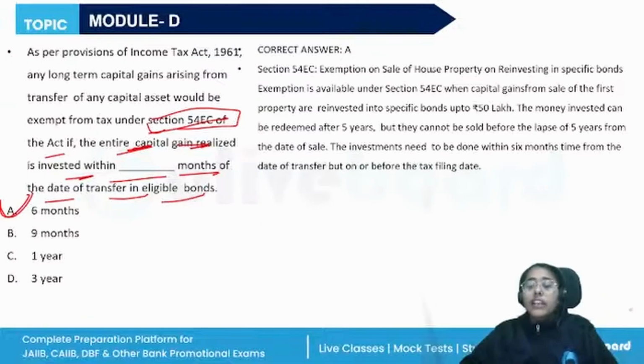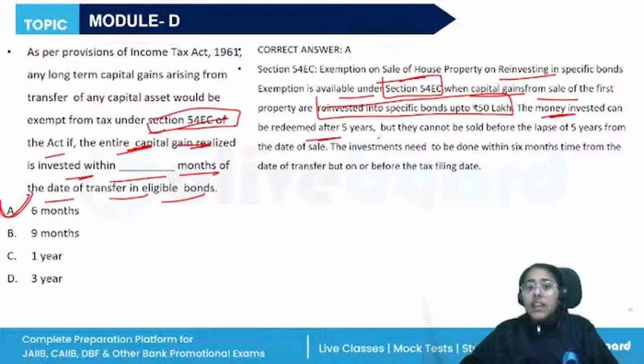So exemption on sale of house property, on reinvesting in specific bonds, exemption is available under section 54 EC when capital gains from the sale of the first property are reinvested into specific bonds up to rupees 50 lakh, and the money invested can be redeemed after 5 years, but they cannot be sold before the lapse of 5 years, and the investment needs to be done within 6 months from the date of transfer, but on or before tax filing date. Alright, so the correct answer is option A.